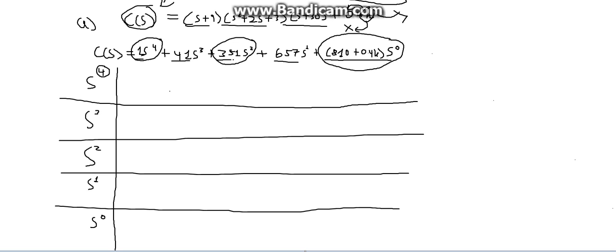Initially there are 1, 2, 3, 4, 5 terms, so we've got the 1st, 3rd, and 5th. So what do we do with these terms? We just simply do this. 1, and you can skip a few lines if you like. 351. Skip a few lines if you like. 810 plus 0.4k.